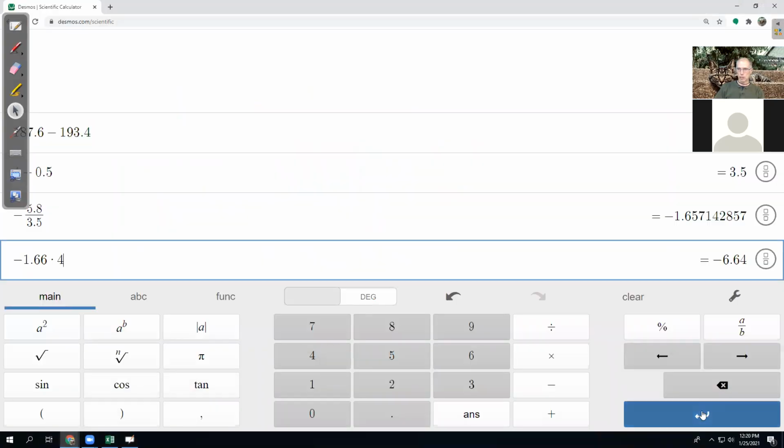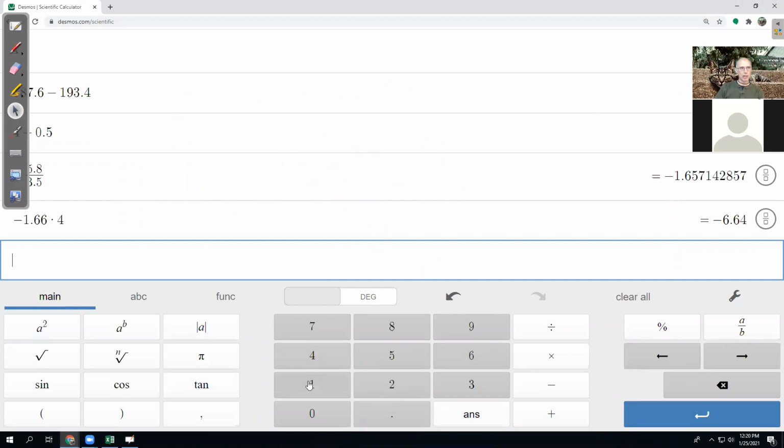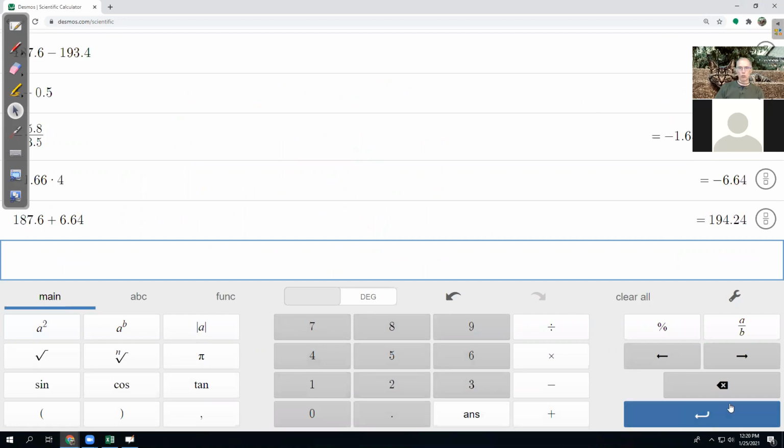All right, so enter. So now I have my 187.6 plus the 6.64 and 194.24. I think I did good.